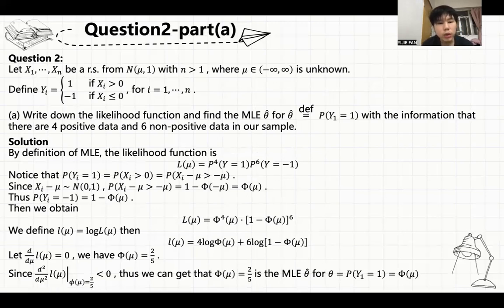In question 2, we need to find the likelihood function and find the MLE of theta.